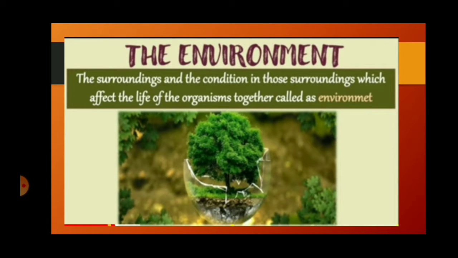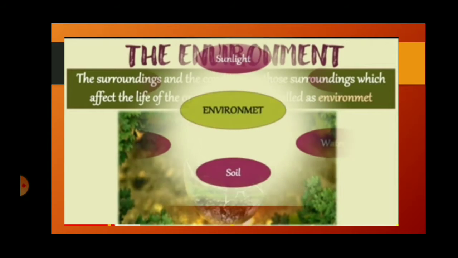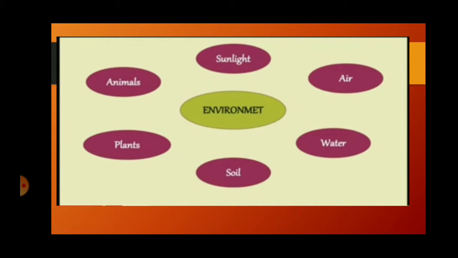Now we will learn about the environment. The surroundings and the conditions in those surroundings which affect the life of the organisms together are called environment. The environment includes many components such as sunlight, air, water, soil, plants and animals, etc. The animals and plants in particular surroundings and the non-living components such as sunlight, air, water, soil, both together make the environment.